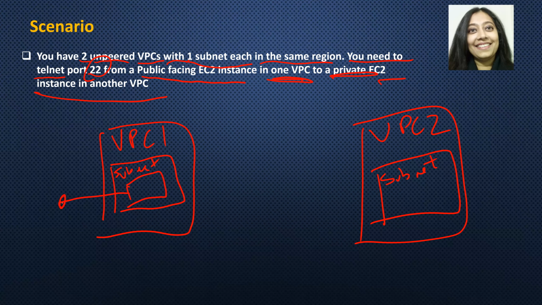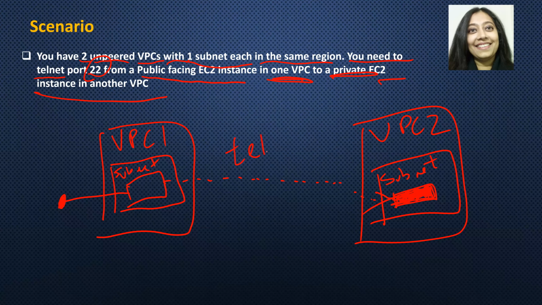That means it has a public IP address. To a private EC2 instance, that means this is your EC2 instance over here. This is internal and let's say private, so it does not have any public facing IP address. So you basically need to ping or telnet from this EC2 instance to this private EC2 instance in another VPC.